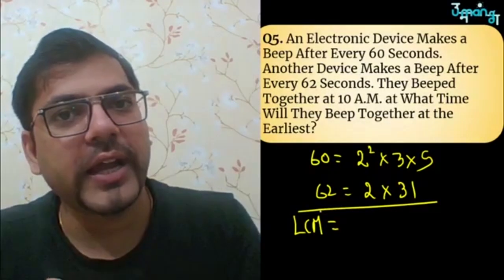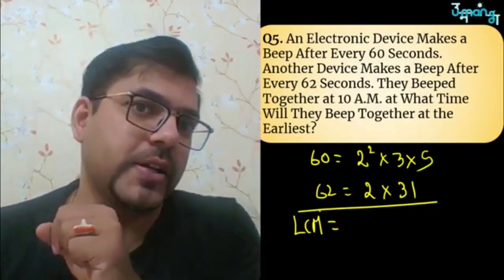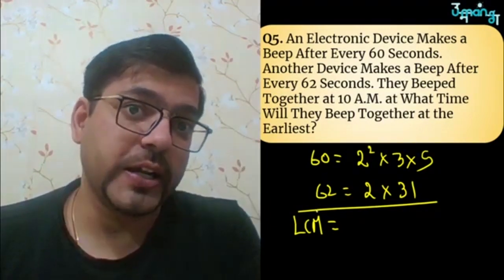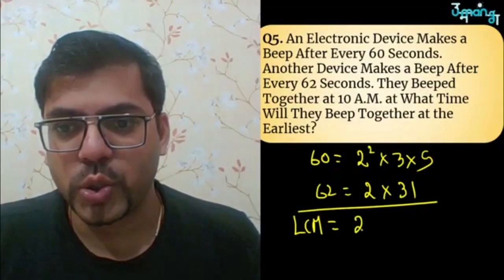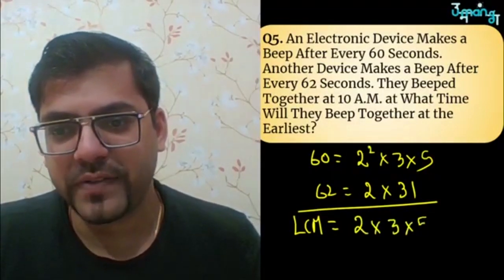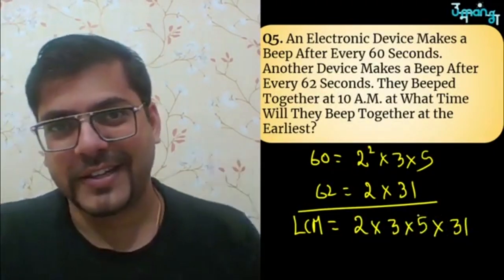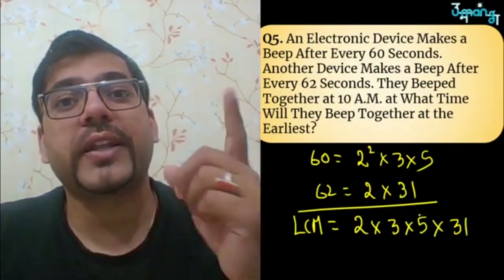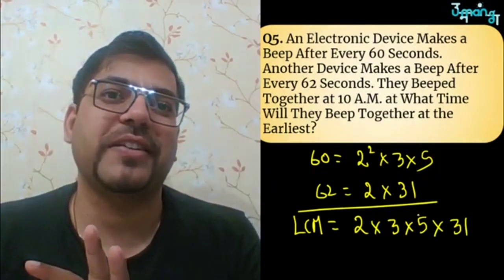In HCF, you write common prime factors; here you write all prime factors. So 2, 3, 5 and 31 are the prime factors. The second difference is that in HCF we took the lowest power of the prime factors; here we take the highest power.